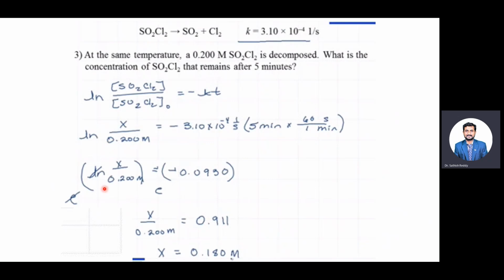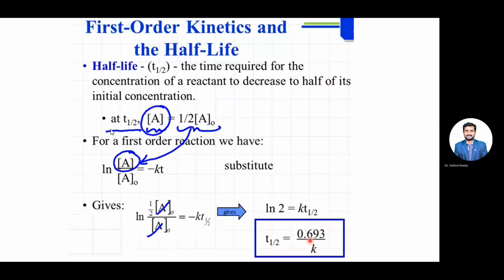Then we remove the ln by applying the exponential on both sides, and we get this x value. The exponential of this value is 0.1911, and therefore x is equal to 0.180 molar. Like this, we can calculate the remaining concentration of SO2Cl2 after 5 minutes.